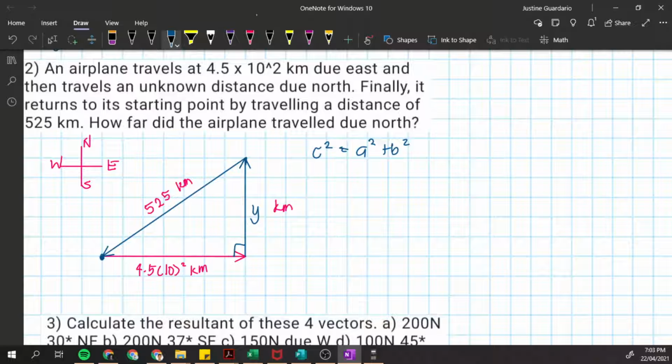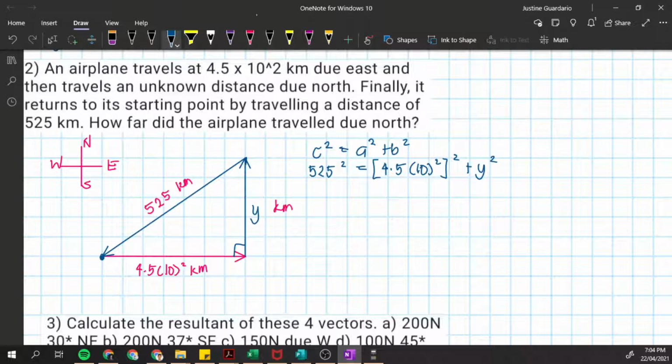Okay? So from the figure, 525 will be our hypotenuse. We have here 525 squared is equal to 4.5 times 10 squared, then we square that one, plus our y squared. So we're solving for this value of y.